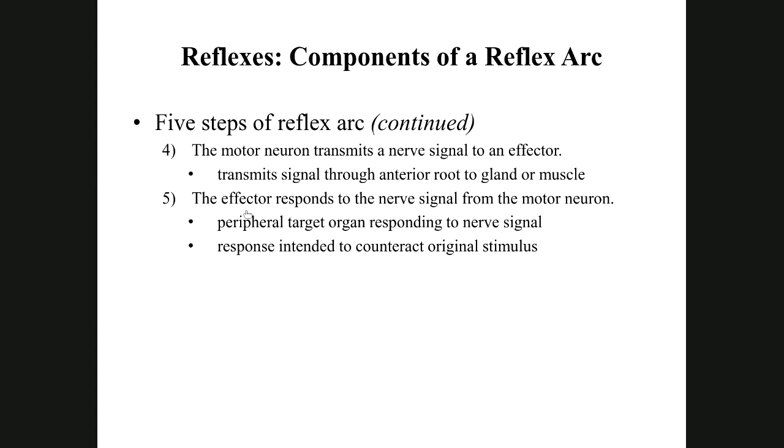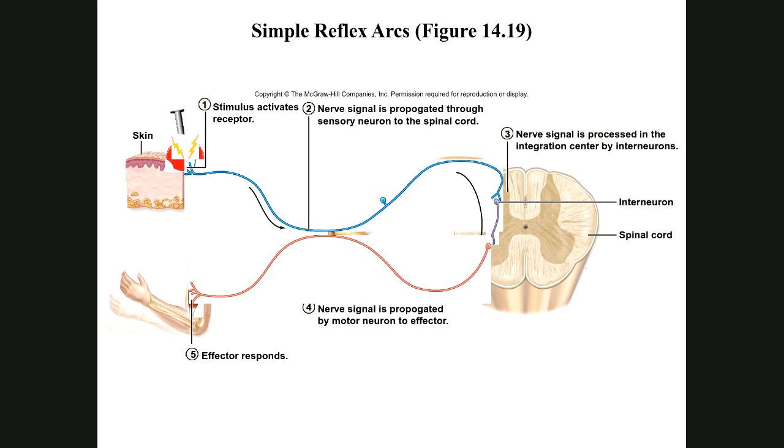And so here, the example is going to be stepping on a nail. So you step on a nail, that stimulates the receptor for pain, and then that sensory information goes into the spinal cord. Here we see just one interneuron that's going to have the information. If you ever step on something sharp, always pull your foot back, right? Or here they're talking about your hand.